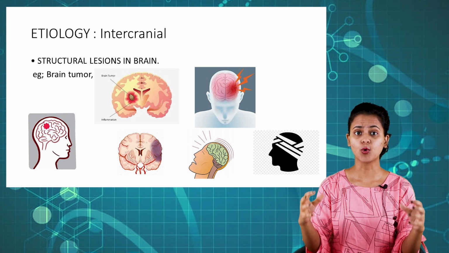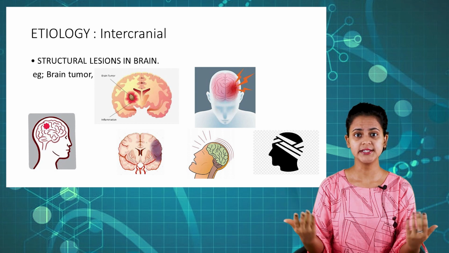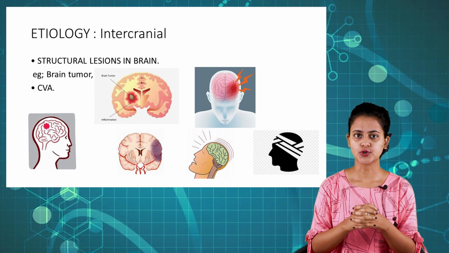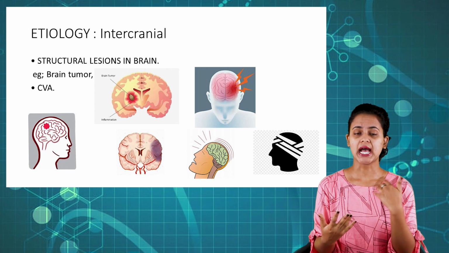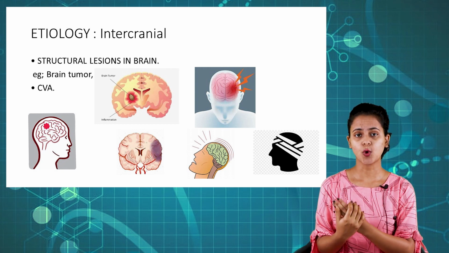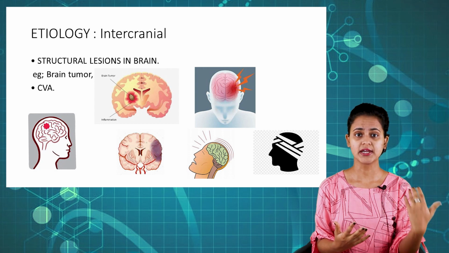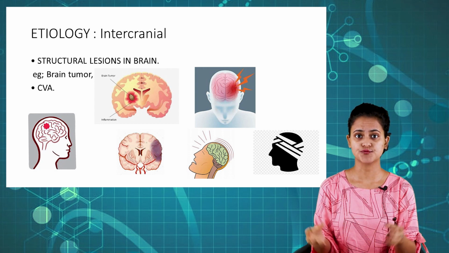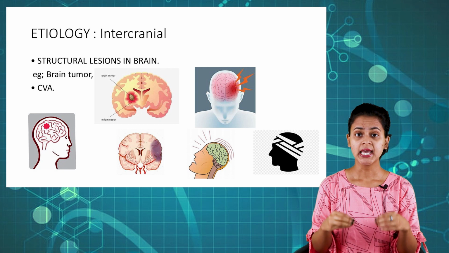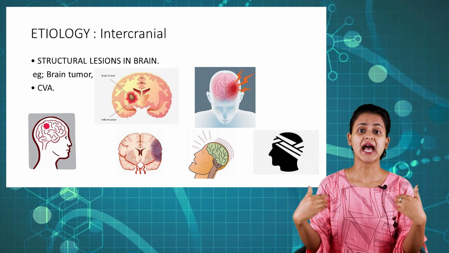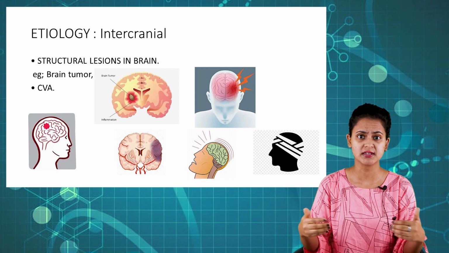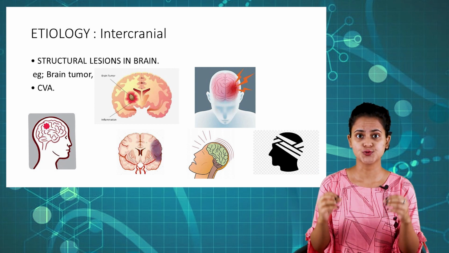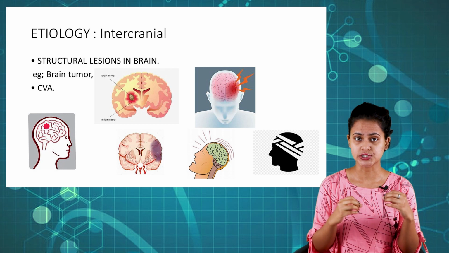Both of these can ultimately lead to the development of unconsciousness for our client. Cerebrovascular accident is a very common factor often associated with the development of unconsciousness. Here, in cerebrovascular accident, we often see the presence of hemorrhage or embolic stroke related to the development of unconsciousness.